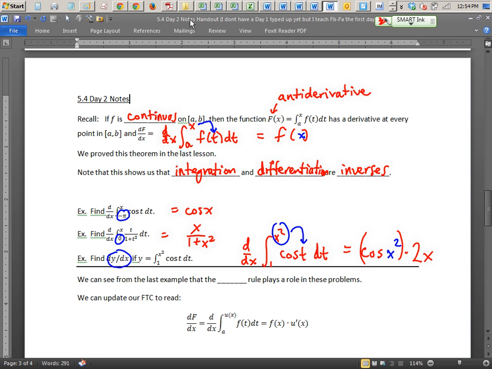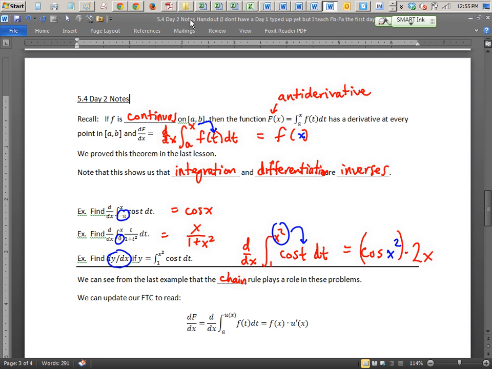So we can see from this last example that the chain rule really does play a role in these problems. Now it didn't show itself in the first two examples because we were dealing with just x at the top, see? And the derivative of x is just 1. So I suppose you could have multiplied by 1 as an afterthought in keeping with the chain rule, but it certainly is silly to do that. Like putting times 1 here, times 1. That's unnecessary. But on that third problem, it is very necessary to have that.